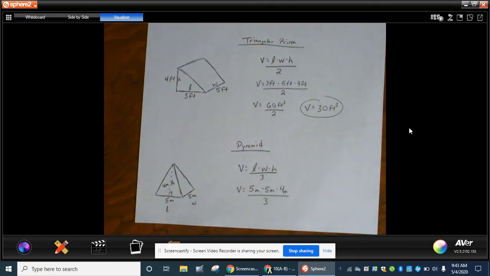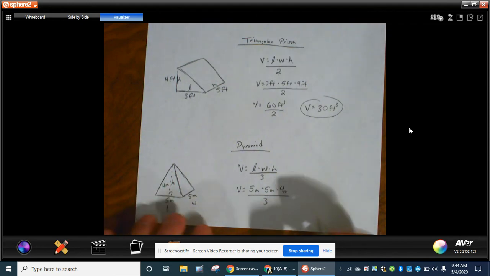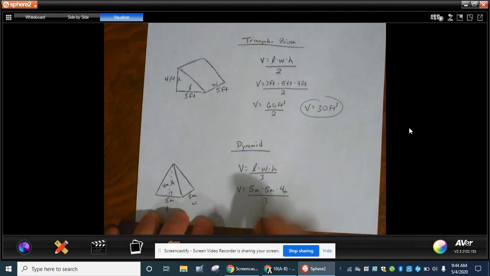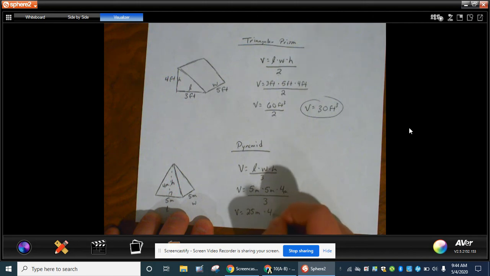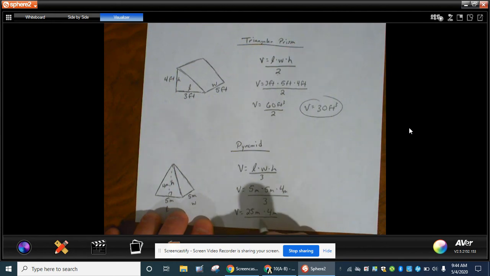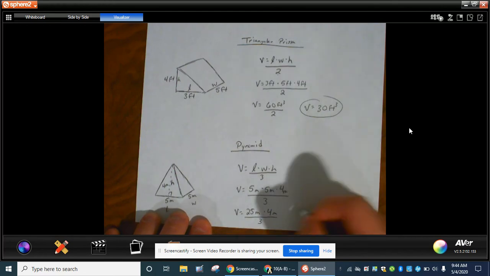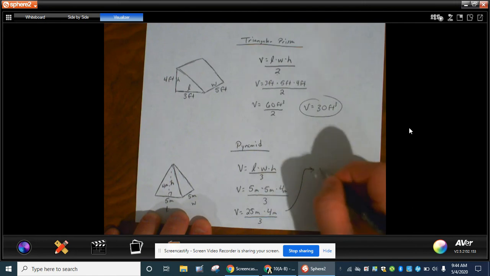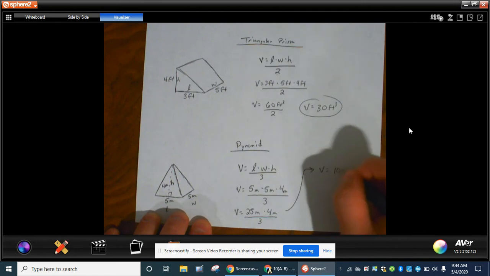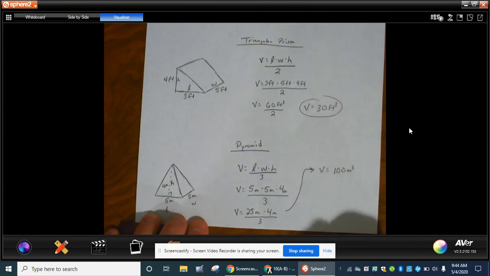So let's figure out what 5 times 5 is. 5 times 5 is going to be 25 meters times 4 meters. Since I am multiplying, that's fine. All divided by 3. So 25 times 4 is going to give us 100 cubic meters, all divided by 3.